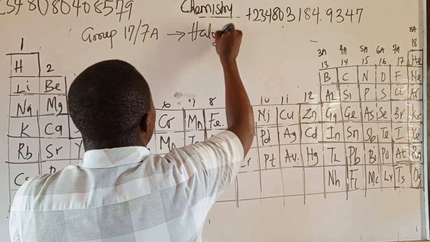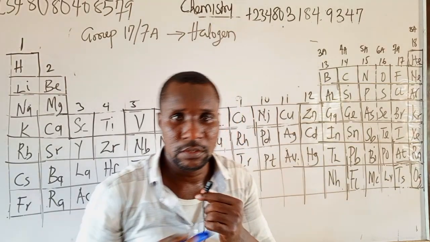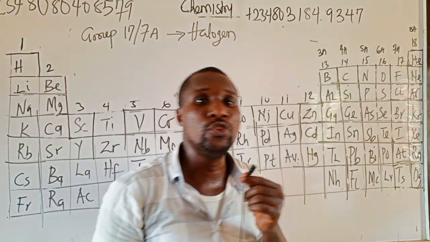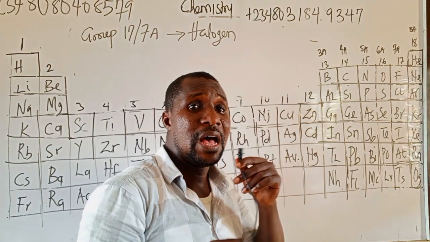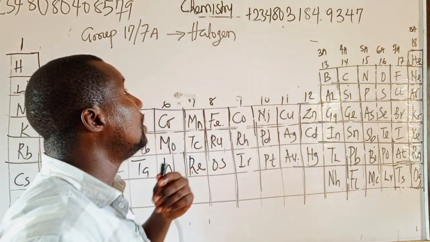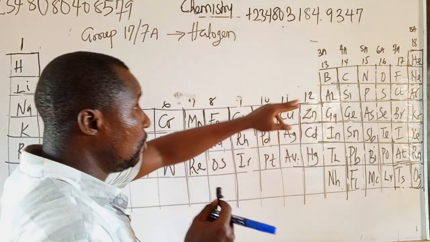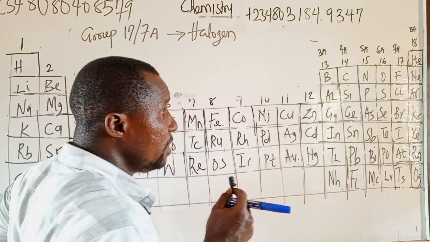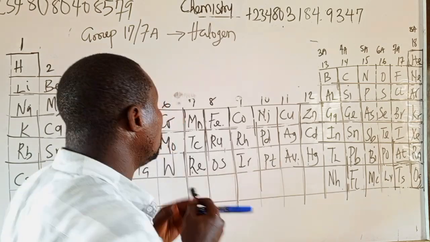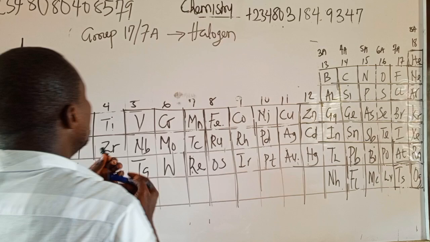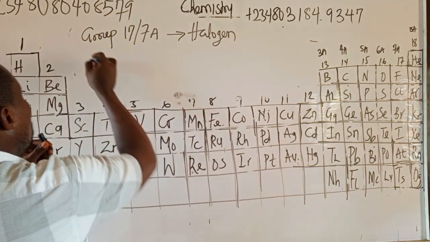When we get there, I will explain what we mean by interhalogen molecules, how they can be identified and how they can be formed. Halogens can react with each other to form interhalogen molecules. Group 7A or 17 are called the halogen family.